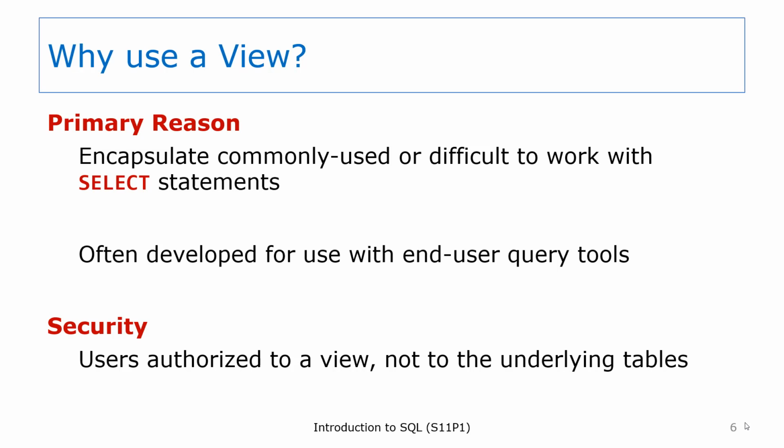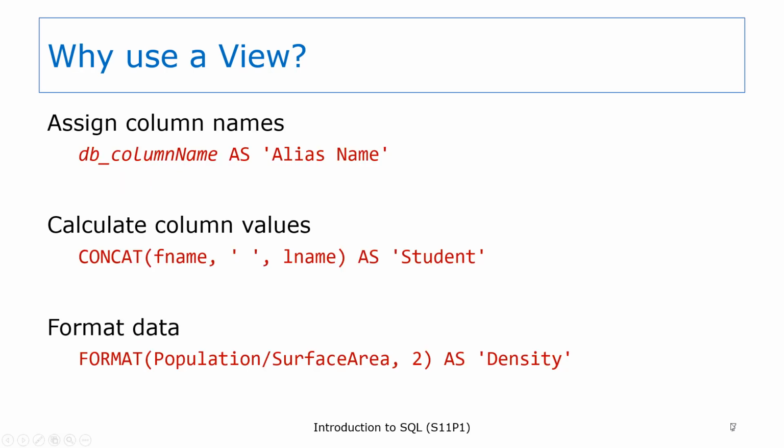The HR users do not necessarily need to see the Social Security numbers or pay rate. So rather than let them run a query directly against the employee table, you can give them a view that omits those columns from the view. If they are only allowed to work with the view, then they will not be allowed to look at the sensitive data. Some other reasons to use a view rather than a select statement are shown here.